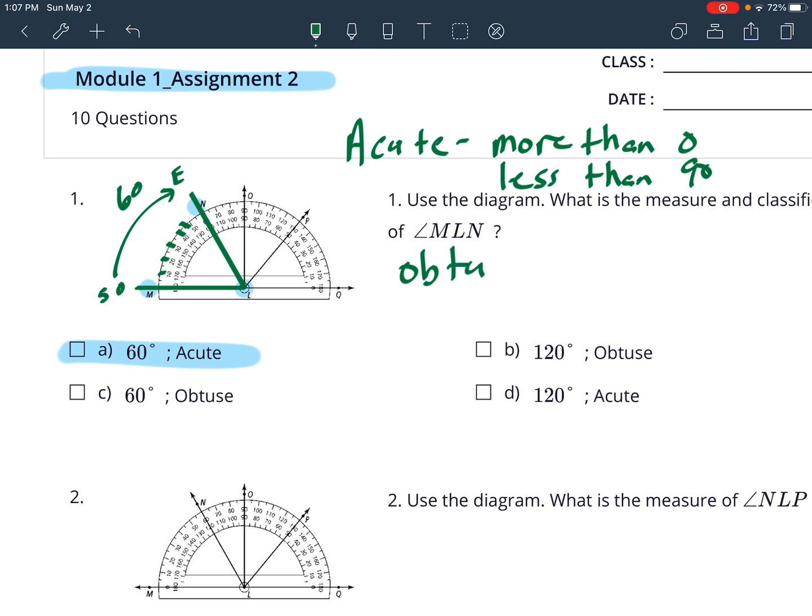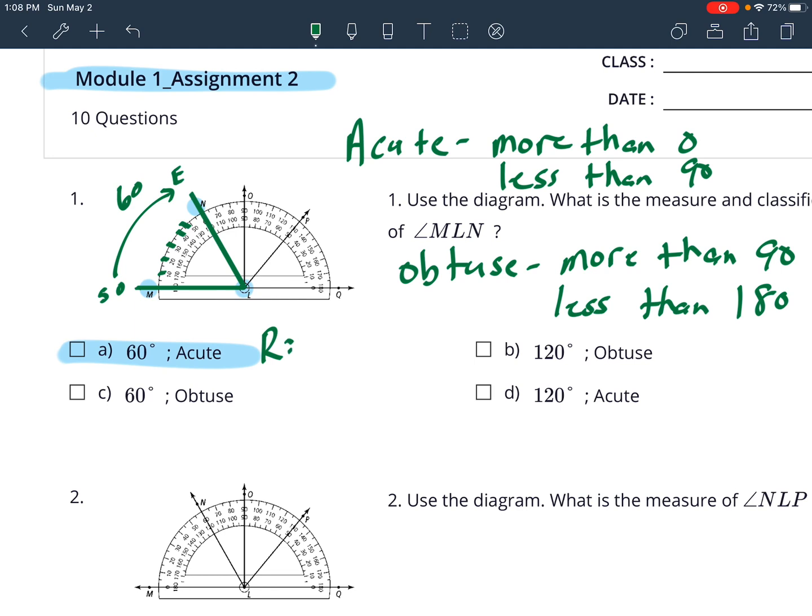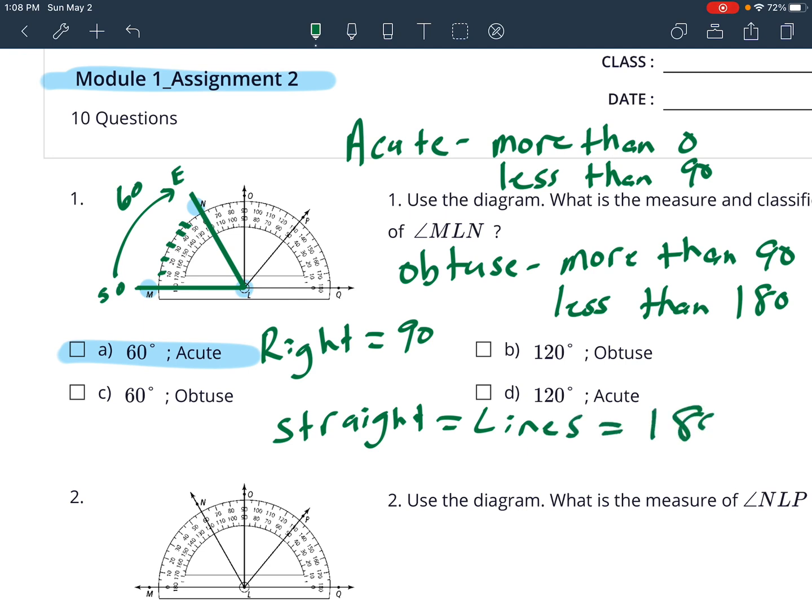Obtuse angles are more than 90, less than 180. Right angles equal 90, and straight angles, they're also called lines, those are equal to 180 degrees.